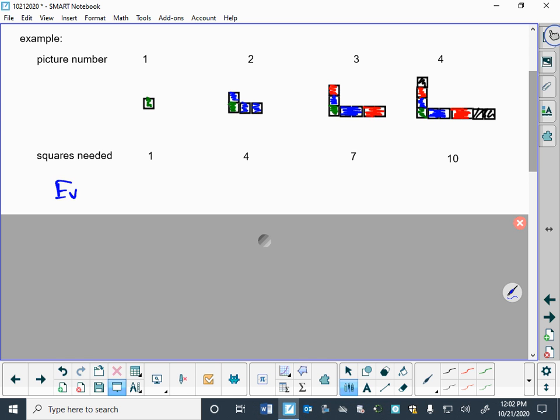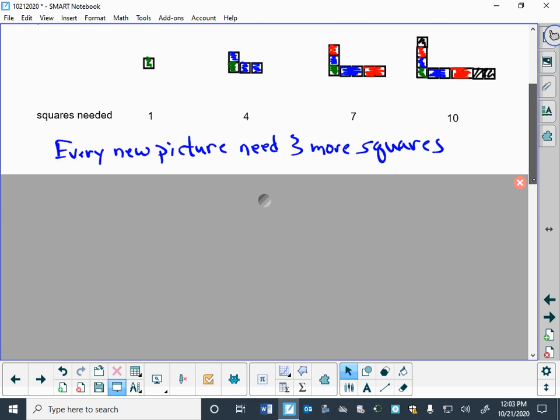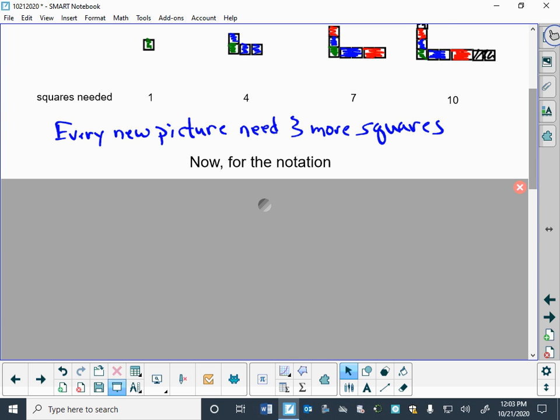So every new picture needs 3 more squares. Okay. And then I'll put them where they are supposed to go so that I get the shape that I'm looking for. So in words, the description here is that every new picture needs 3 more squares.